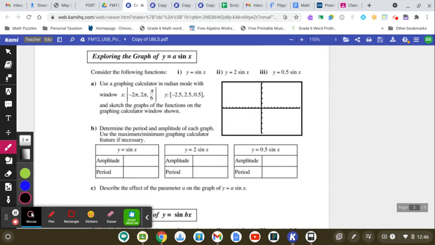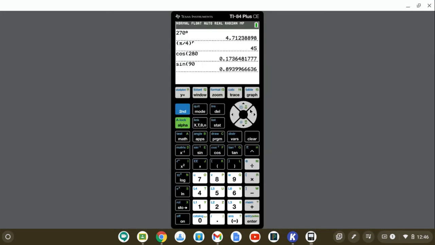It wants you to explore what happens when you put a number in the front of your y equals sine x. So I would like you to take your graphing calculators, and we're going to put in y1 and y2. Okay, so in y1, I'm going to type in sine of x.